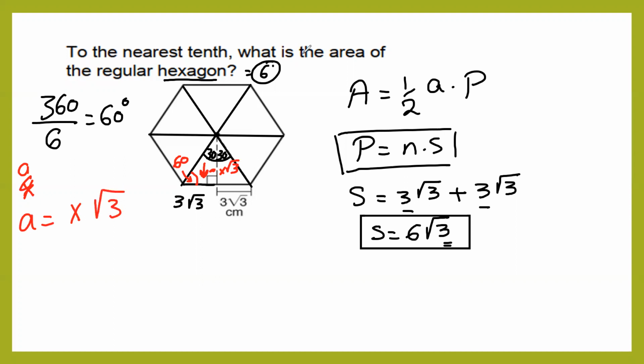If you forget, let me re-explain the 30-60 triangle. If this is my 60-30 triangle, this is 30, this is 60. The opposite to the 30 is x. It looks like here it is vice versa, right?